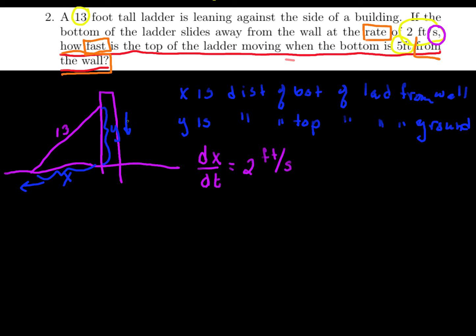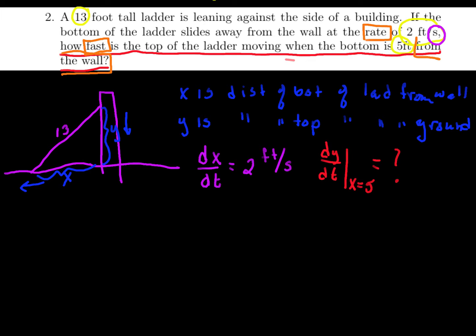So it's not going to be dx/dy. So dx/dt is 2 feet per second. And the question being asked is how fast is the top of the ladder moving? So what is dy/dt? So this is our question, when the bottom, so what variable is that? That's x. When x is equal to 5.